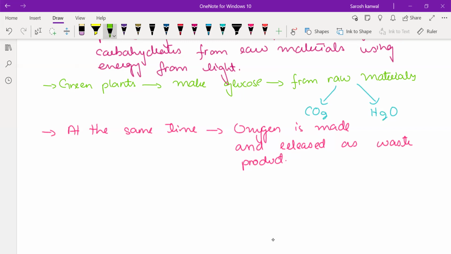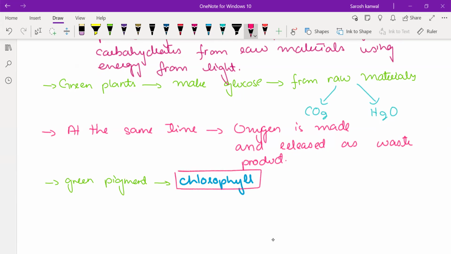We know that we have a green pigment in plants. That green pigment is called chlorophyll, right? And what is the significance of chlorophyll? Yes, Noman, could you answer me?